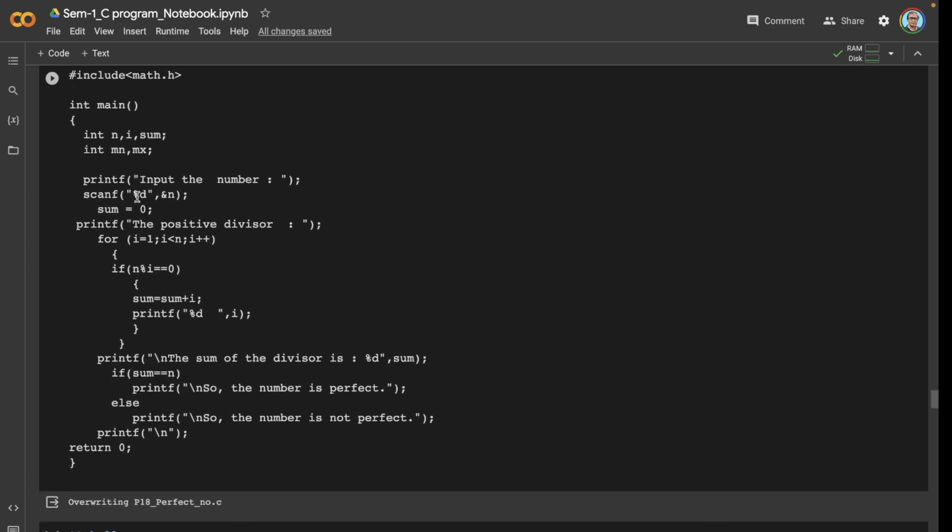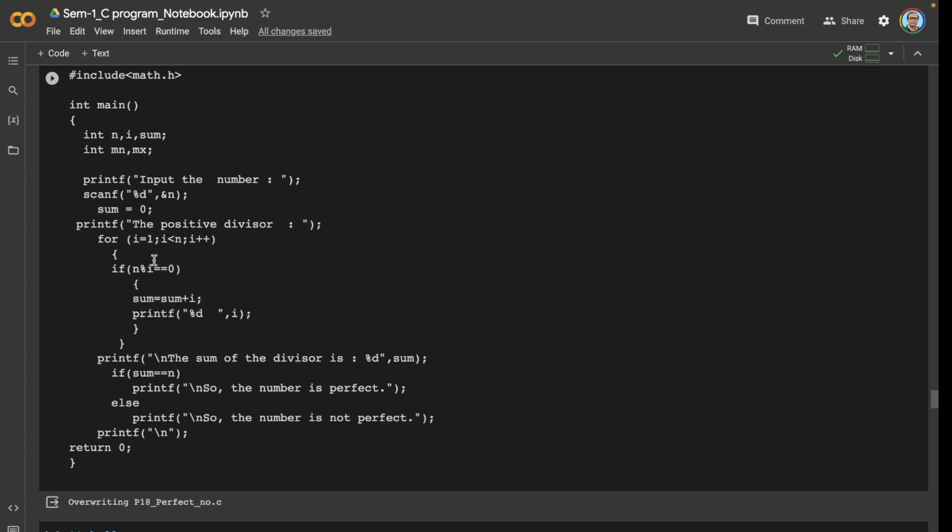So this is the program: integer n, i, sum. Input the number, sum equals 0. For the positive divisors i, if n modulo i equals 0, this means i is a divisor of n. By this we find the divisors. Print it. For the sum of the divisors, sum equals sum plus i.